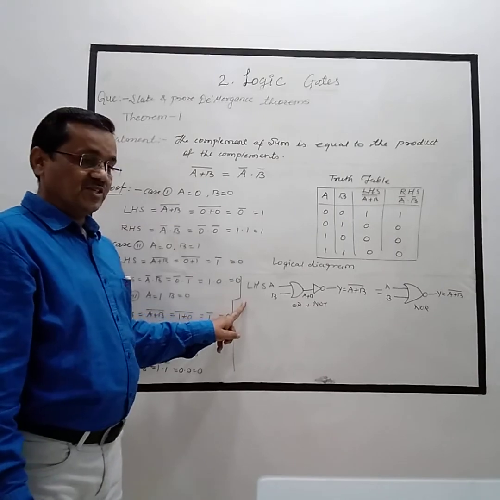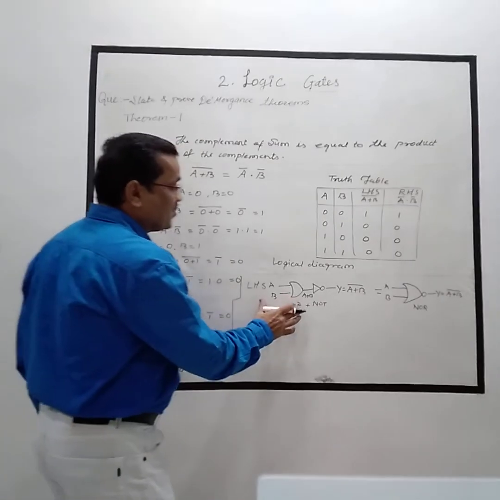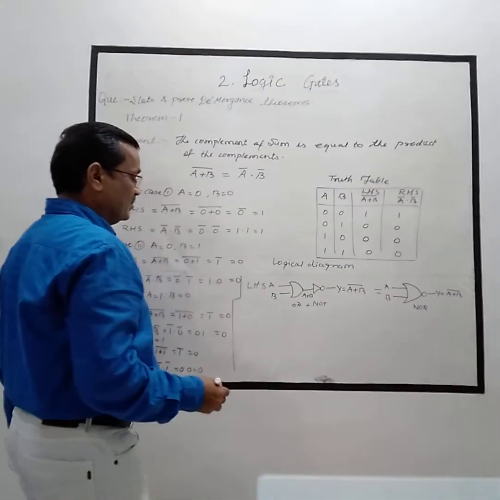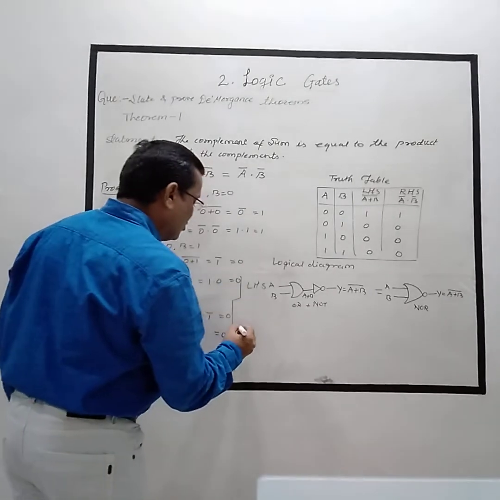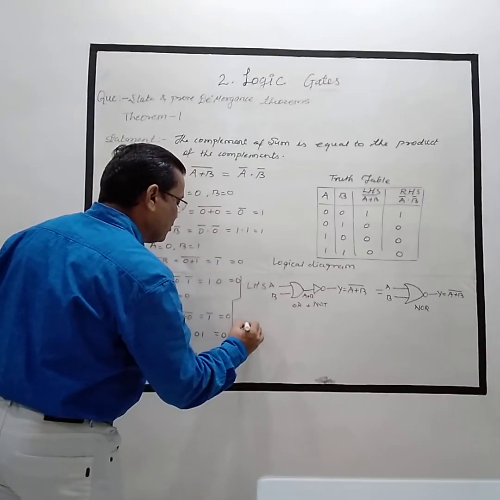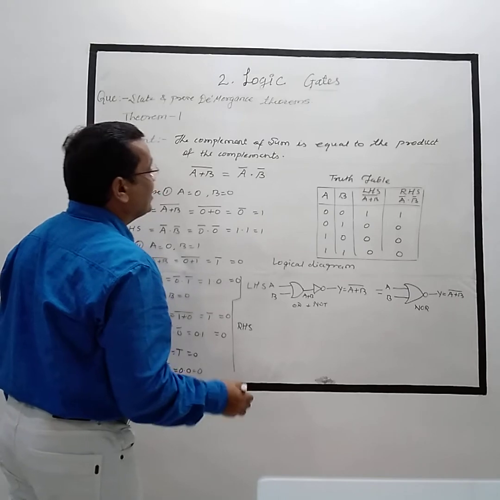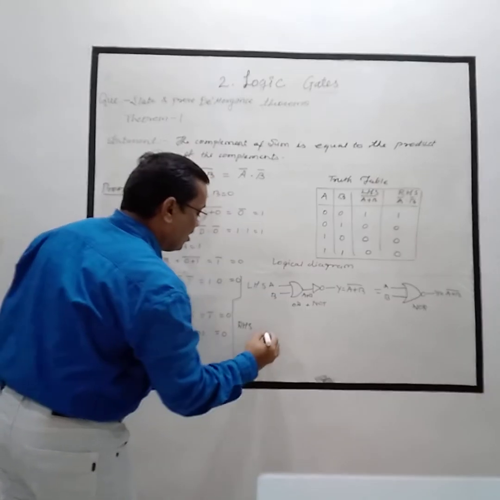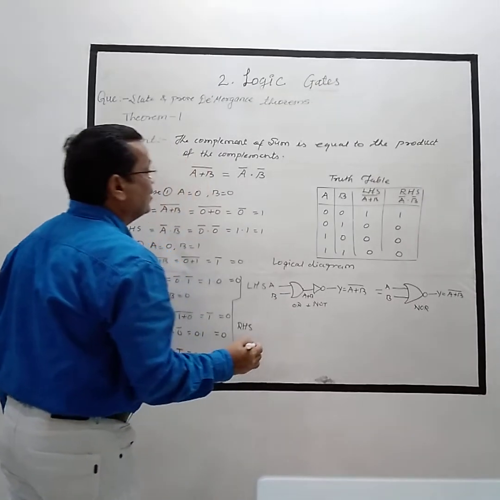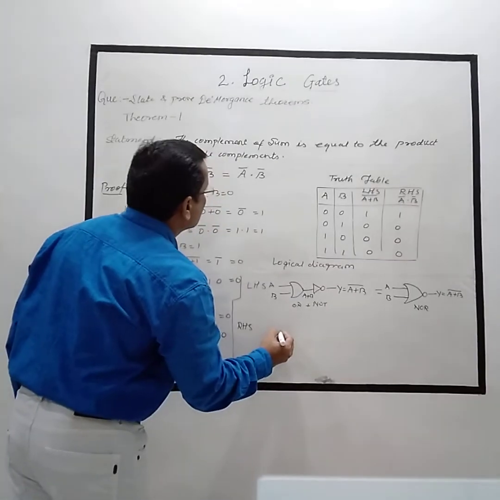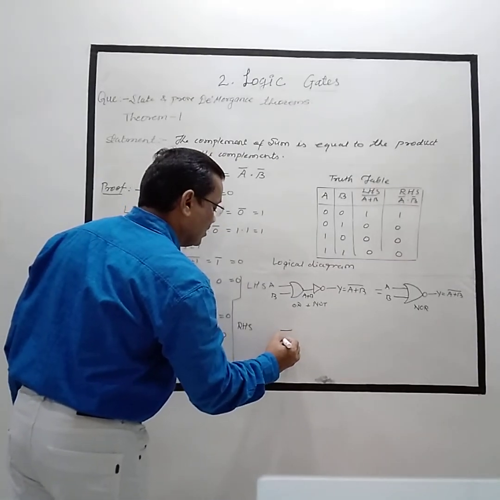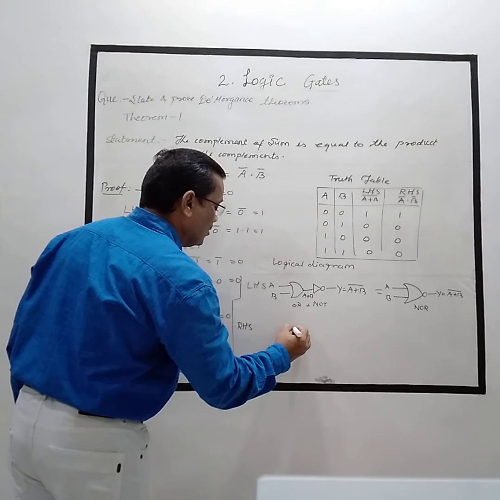This is for LHS. So LHS represents the NOR gate, which is equivalent to RHS. That means for RHS, what we are getting? A bar dot B bar. So the AND gate is there.